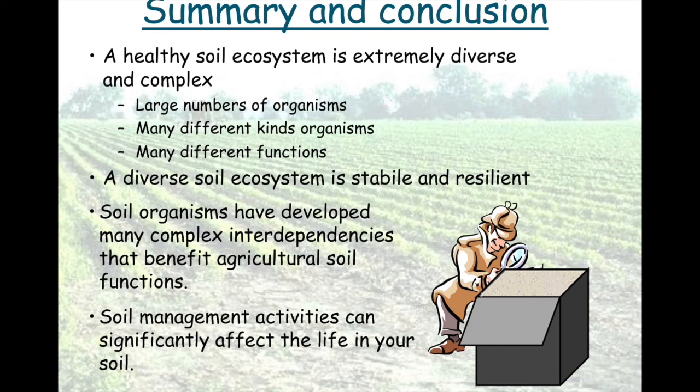So, what would be the effect of these soil management practices on soil organisms? Maintaining high soil organic matter levels and residue covers on the soil surface tends to increase microbial diversity and activity. Pesticide applications have variable effects on microbial populations.